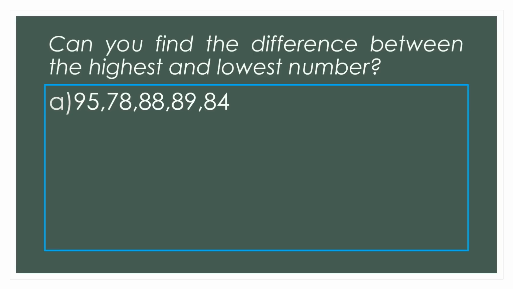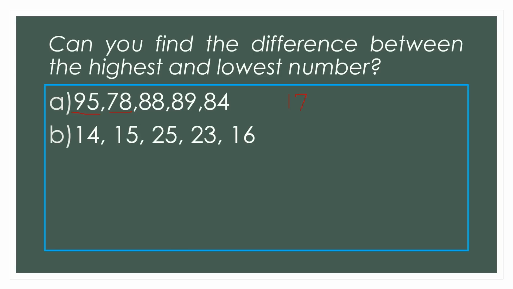The highest number here is 95, and the lowest number is 78. When we subtract those two, 95 minus 78 is equal to 17. So the answer to letter A is 17.